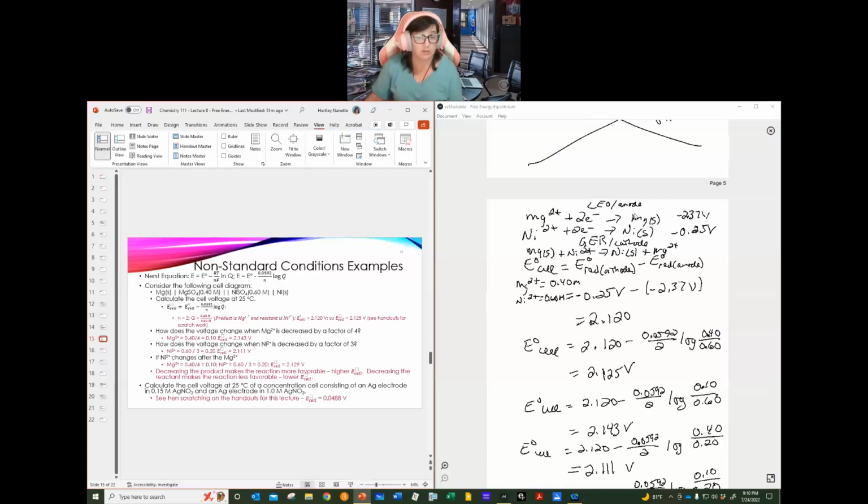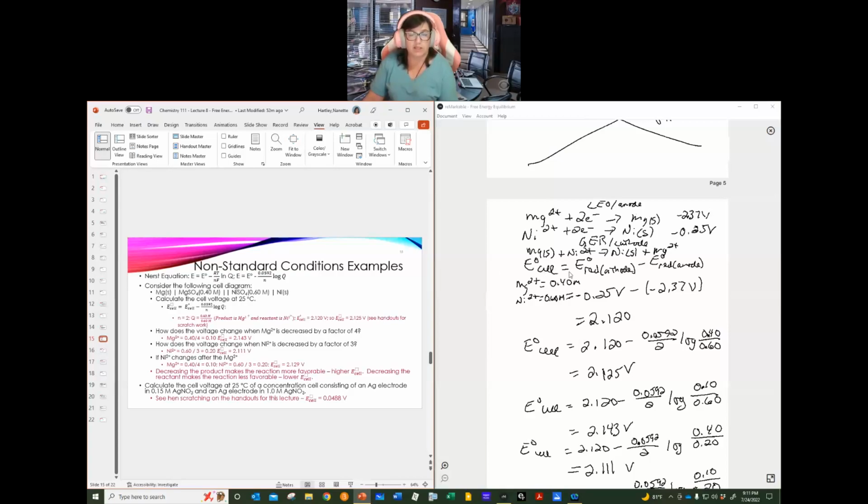It's going from Mg solid to Mg2+. So this is the one that's my oxidation. It's this negative 2.37. So Mg solid plus Ni2+ goes to Ni solid plus Mg2+. So that's how I know what's in my reactants and products, okay? But I can also tell it from the cell diagram as it's written. Because again, this is my reactant and my product, my reactant and my product, okay?